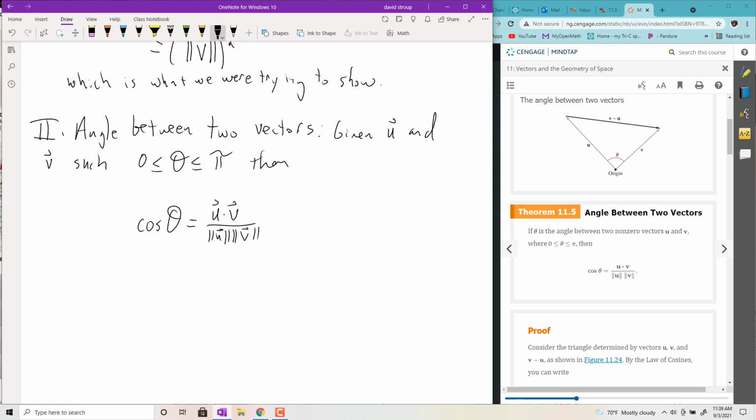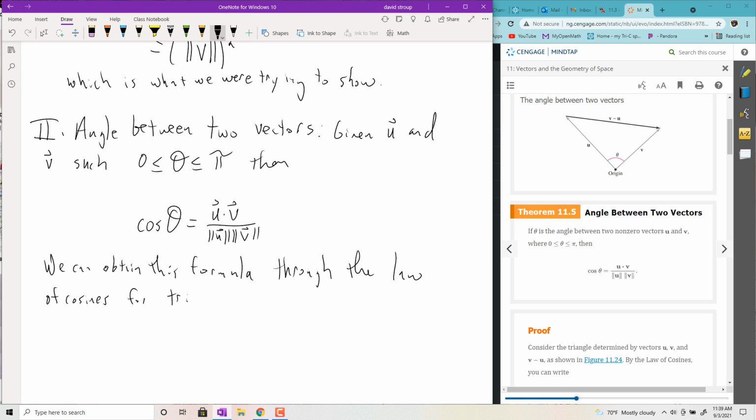The proof of this follows from the law of cosines. I'm not going to go through the whole proof, I'll just set it up through the law of cosines for triangles, which you probably learned in trig and already forgot.